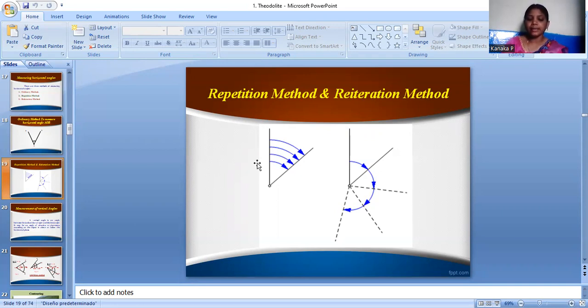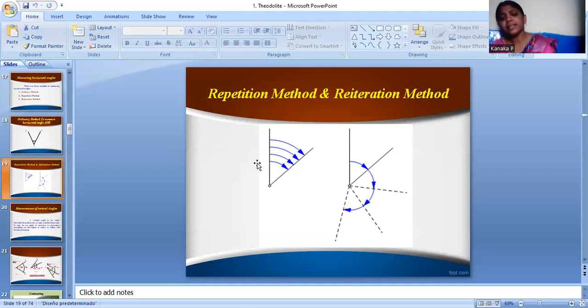Finally, the horizon is closed by sighting the reference object P, the first point A. Now the vernier A should read 360 degrees. If not, the error is noted and distributed equally if the error is small. Otherwise, the process is repeated.